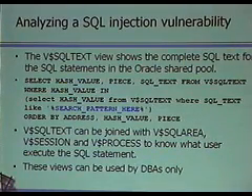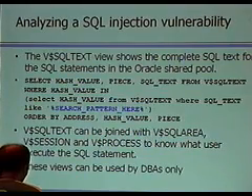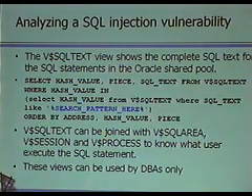Now we will see a method that will allow us to view the vulnerable code of the Oracle packages. For that, we will use the V$SQLTEXT view, which shows the SQL statements in the Oracle shared pool.